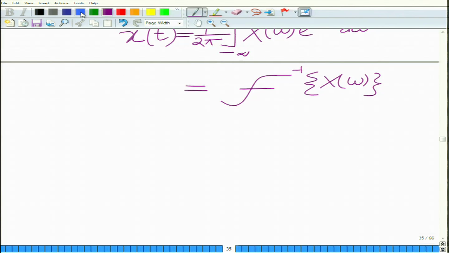And x of t and X of omega constitute a Fourier transform pair.